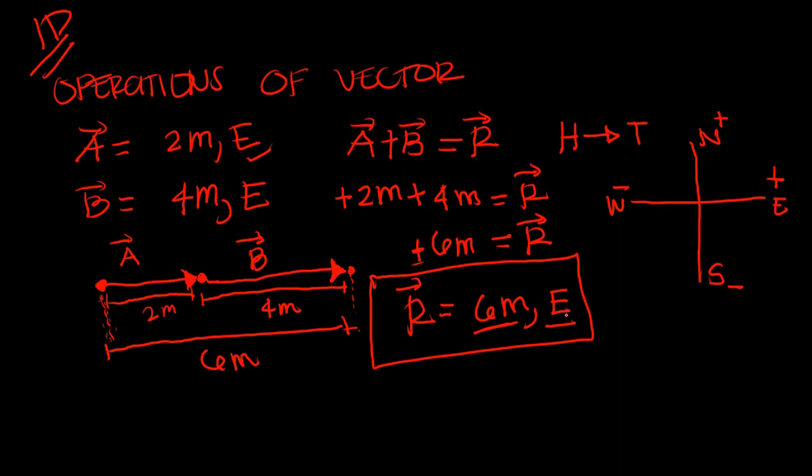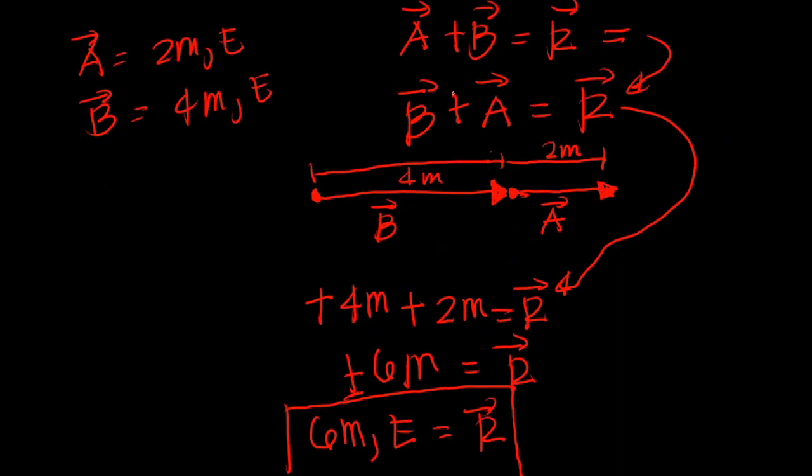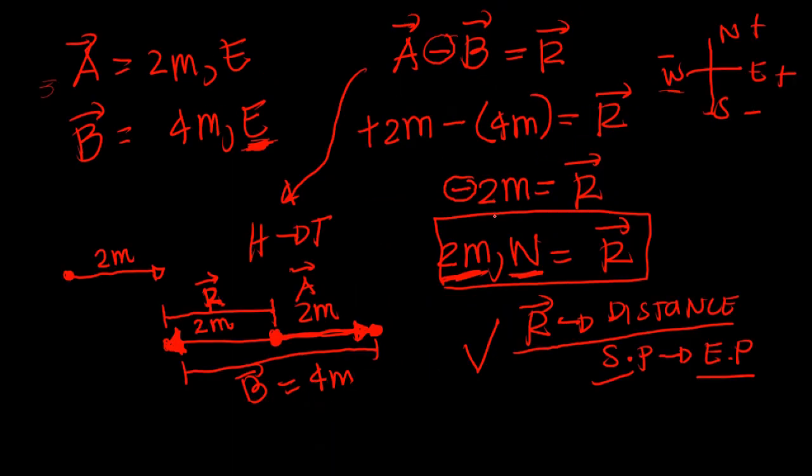Sa pangalawang example din, nakikita din natin dito starting point to the end point. So that is 4 meters plus 2 meters and that is 6 meters east. So ganyan lang kadali yung operations natin along a straight line or in one-dimensional. One-dimensional operations on vector.